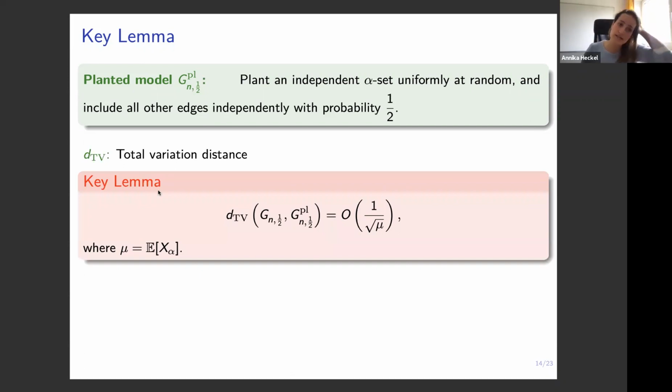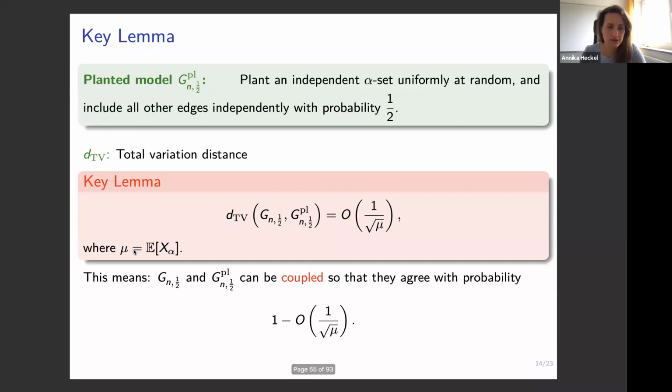Then the key lemma is that if we plant one alpha set, the total variation distance between G(n,1/2) and this planted model is of order 1 over root mu, where mu is the expected number of alpha sets. Now, if you don't know what the total variation distance is, then don't worry, I have a definition on the next slide.